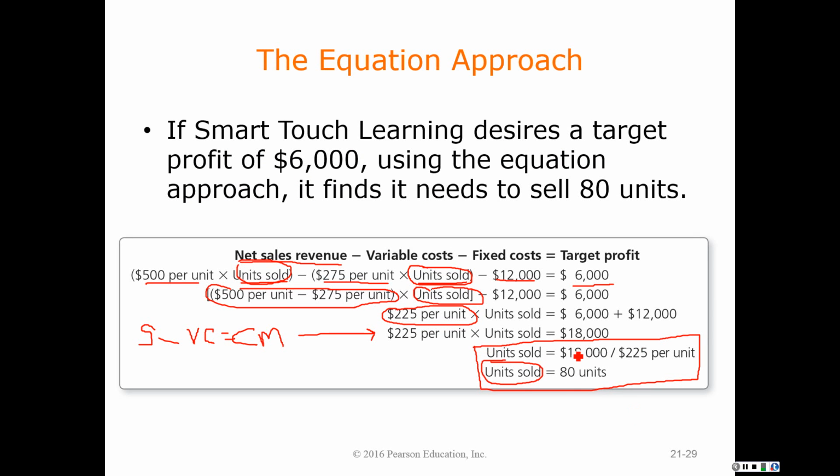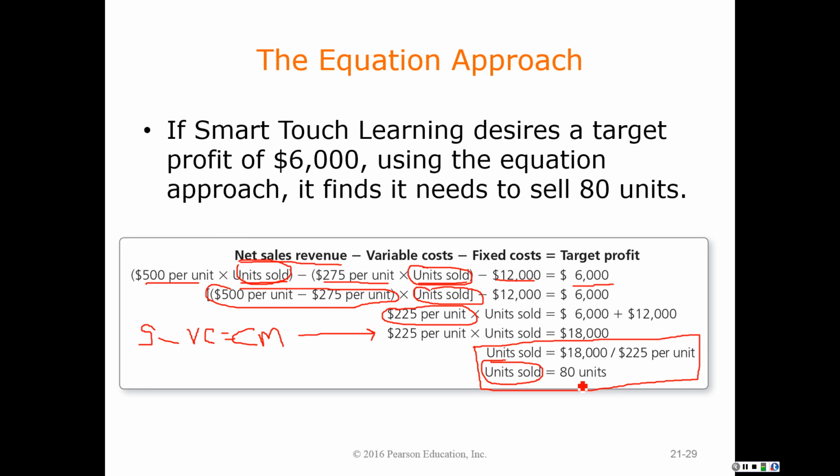The 18,000 is my fixed cost of 12,000 plus my target profit of 6,000. So 18,000, fixed cost plus target profit, divided by contribution margin per unit. The contribution margin approach simply takes this whole equation and breaks it down to these two lines: fixed cost plus target profit divided by contribution margin per unit, 80 units.